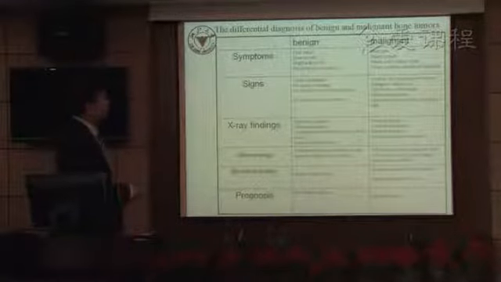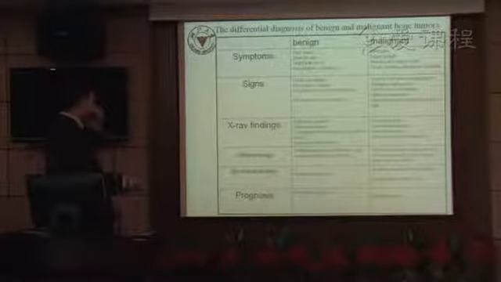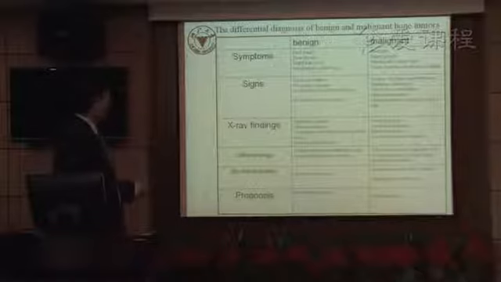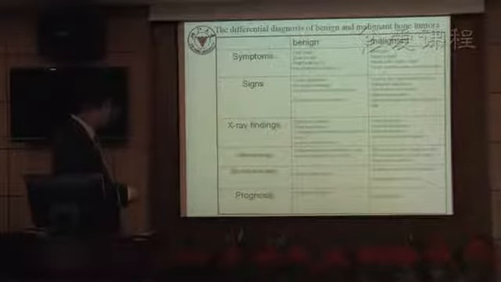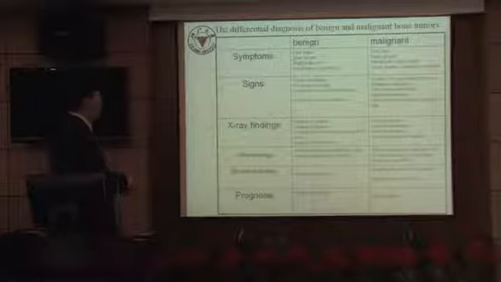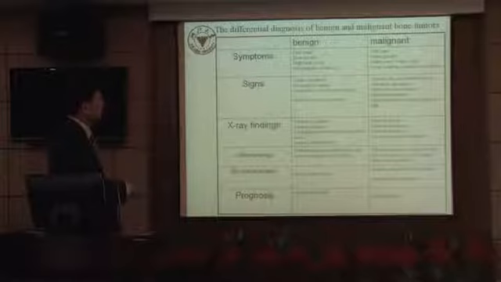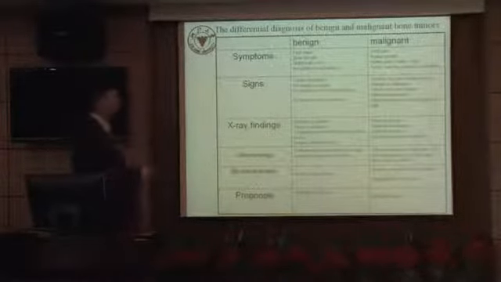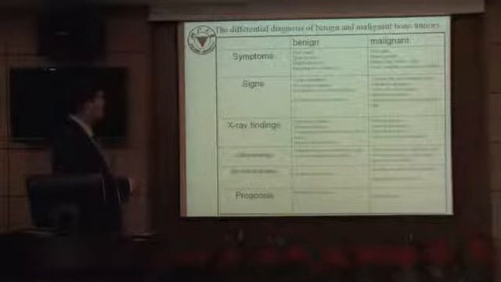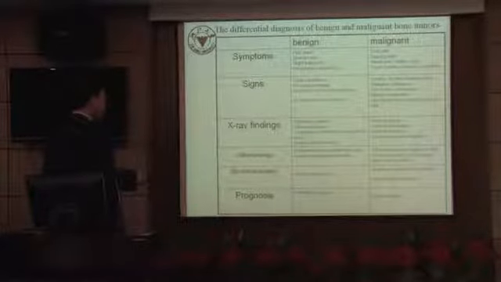In the benign one there is slight pain or no pain, and in the malignant one we always have heavy pain, which often happens at night. In the benign one there are no systemic symptoms, and in the malignant one the patient can have fever, edema, or other advanced symptoms. And we have different signs for the benign and the malignant one.